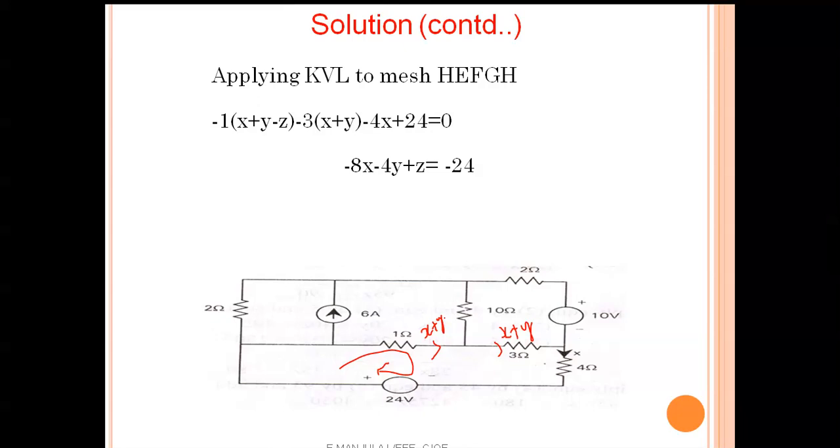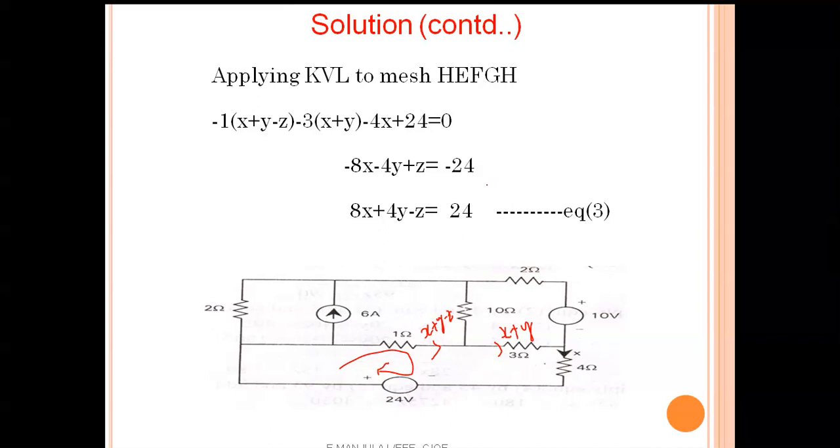Okay, and minus 4x plus 24 is equal to 0. So minus 8x plus 4y minus 4y plus z is equal to minus 24. So this is equation 3. So now we got three equations.